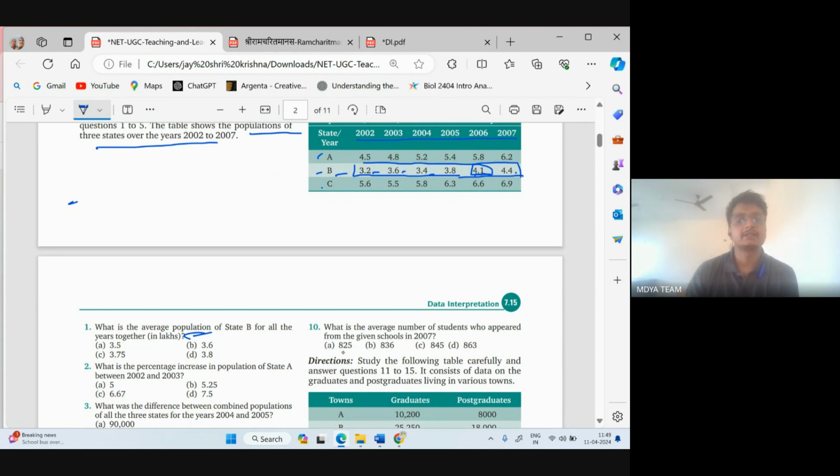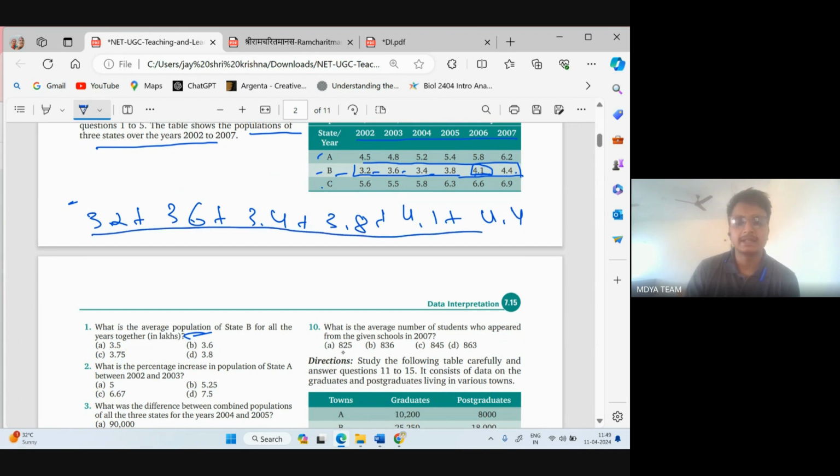Just add the population in all the years: 3.2 plus 3.6 plus 3.4 plus 3.8 plus 4.1 plus 4.4. Divide it by what number? 6. So if you do that, you will get the answer.